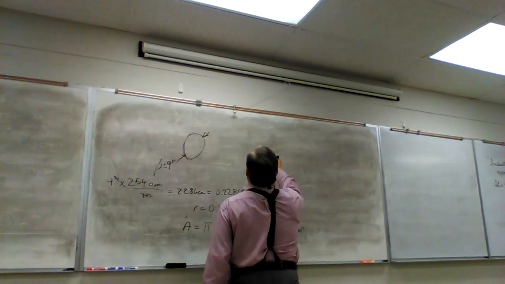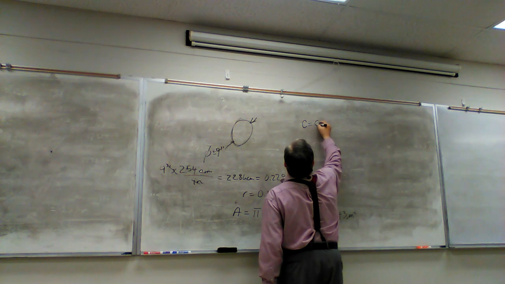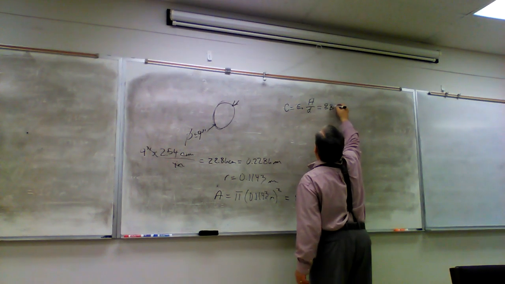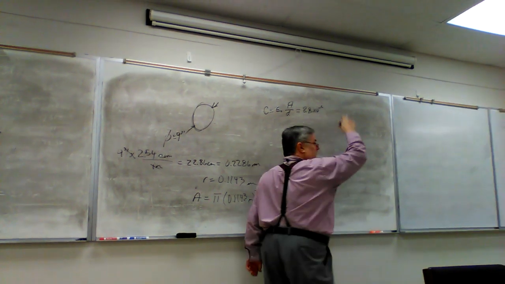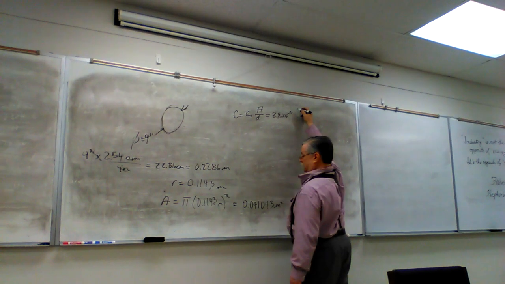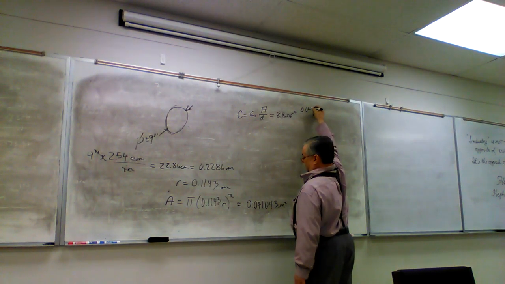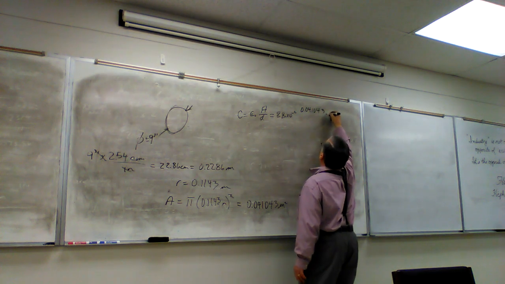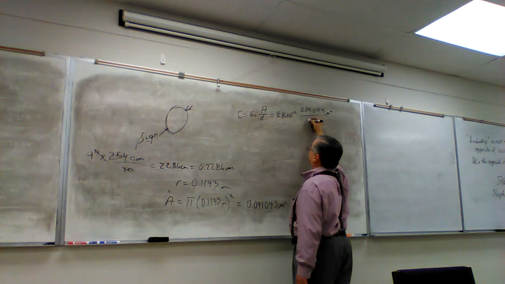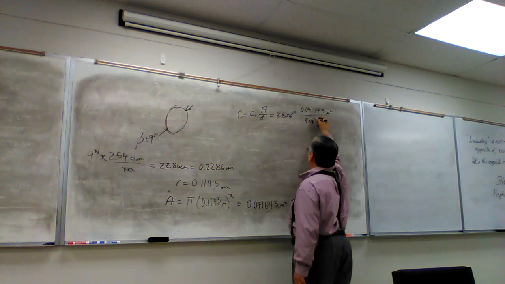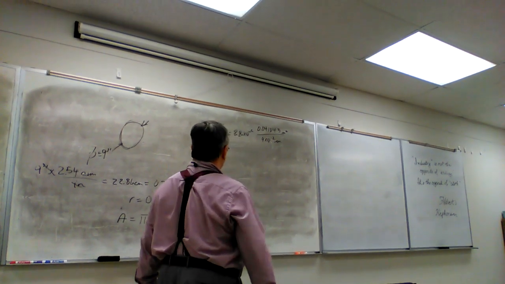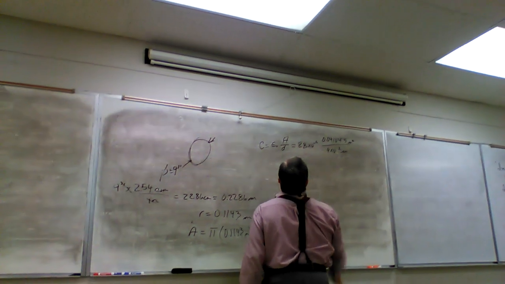Now, we can calculate the capacitance as epsilon sub naught times A over D, which is 8.8 times 10 to the minus 12 Newton meters squared coulombs, times 0.041043 meters squared divided by, 4 centimeters is how many meters? What does that come out to?